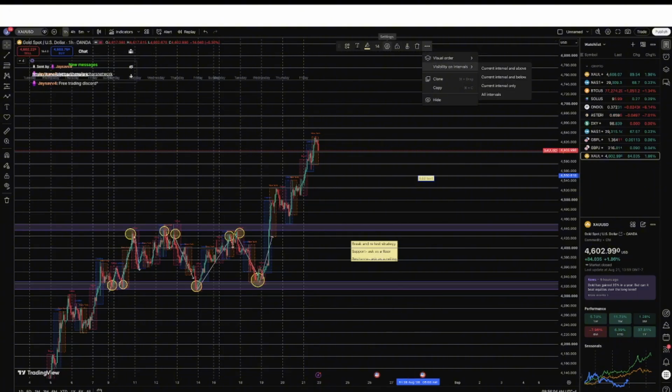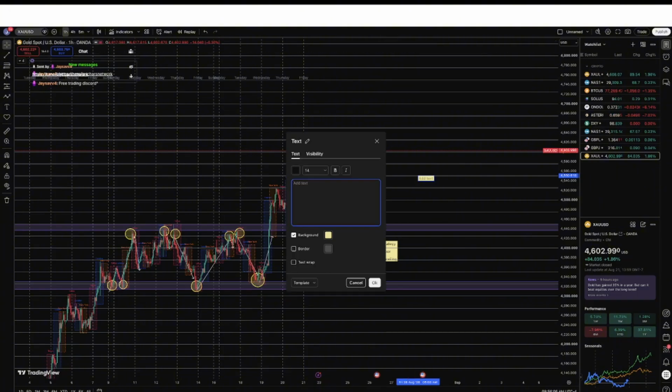So now for entry, we're going to look at reactions off of $25 levels within the market.